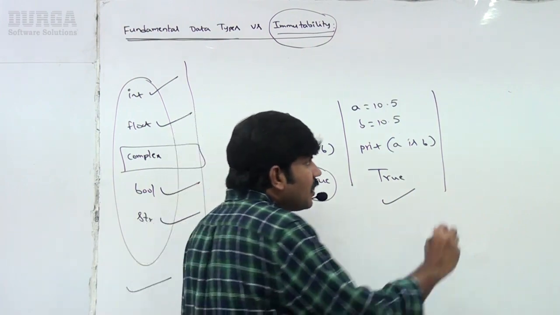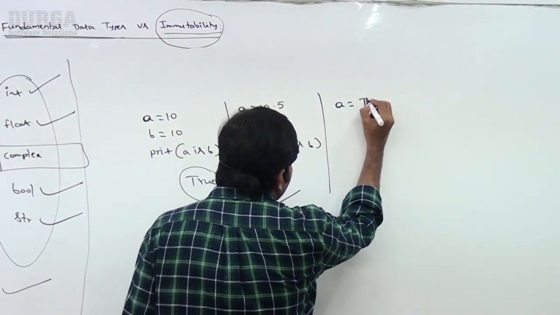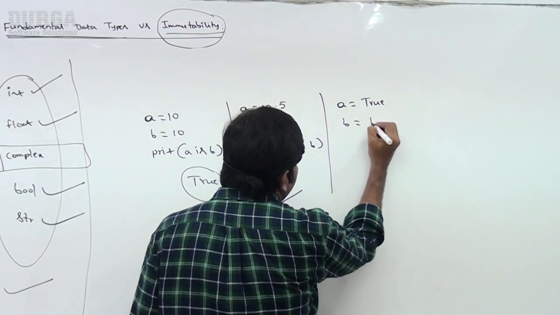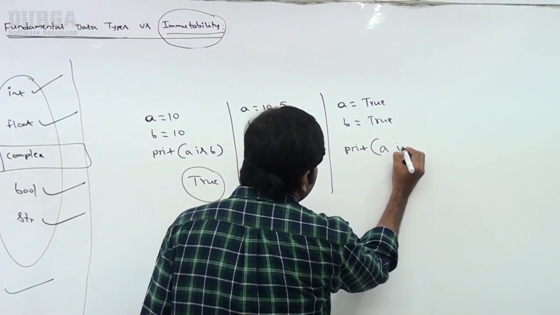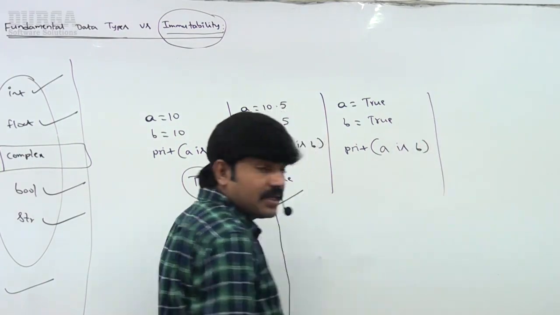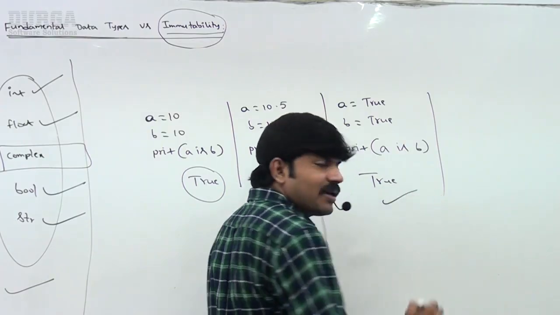True, sir. Now a is equal to True, b is equal to True, print of a is b. The answer is True. We already executed all these things.